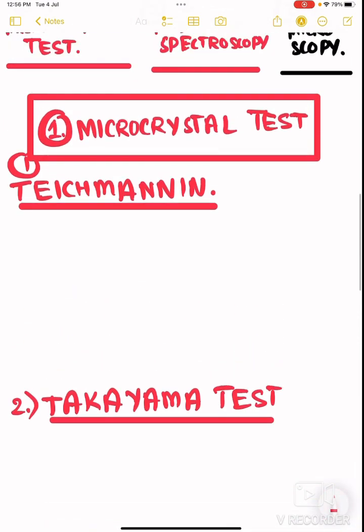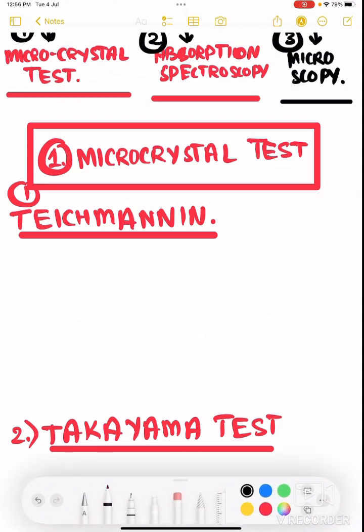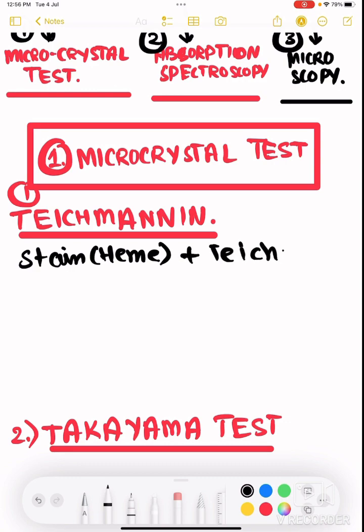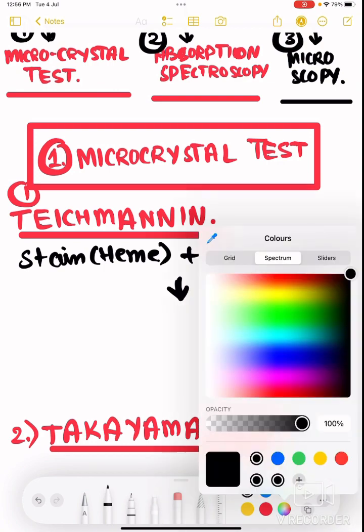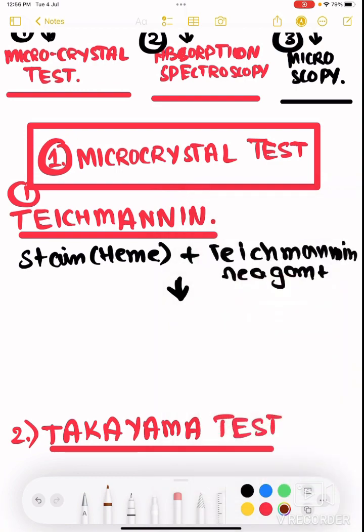In the Teichmann test, the important thing is, first of all, the stain is heme, plus Teichmann reagent. If we give Teichmann reagent with it, then this particular reaction will form brown rhombic crystals, right?